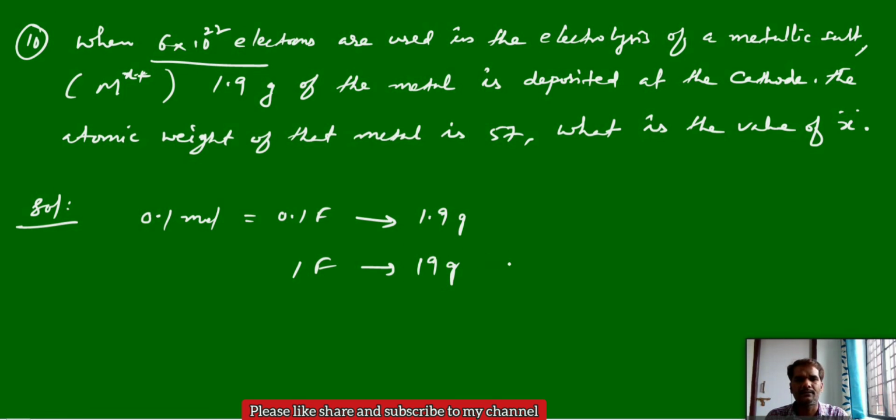What is this 19 grams? It is nothing but the equivalent weight. They give the atomic weight 57 and the equivalent weight we got is 19. Then you have to calculate the n factor, that is molecular weight by equivalent weight, 57 by 19.